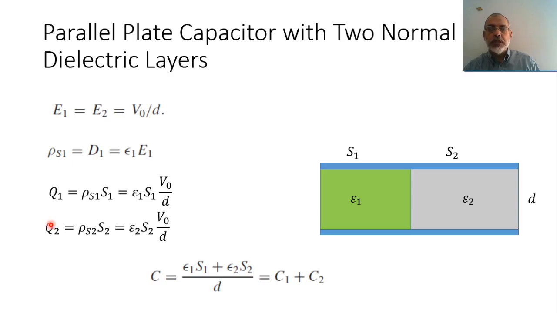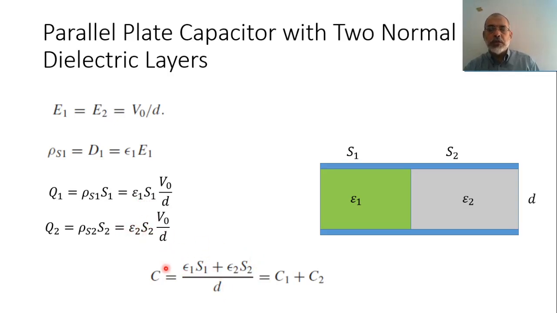And the capacitance is Q over V naught. So we will sum Q1 plus Q2 and divide the result by the value of V naught to obtain the capacitance. In this case, we find out the capacitance is epsilon 1 S1 over d plus epsilon 2 S2 over d.